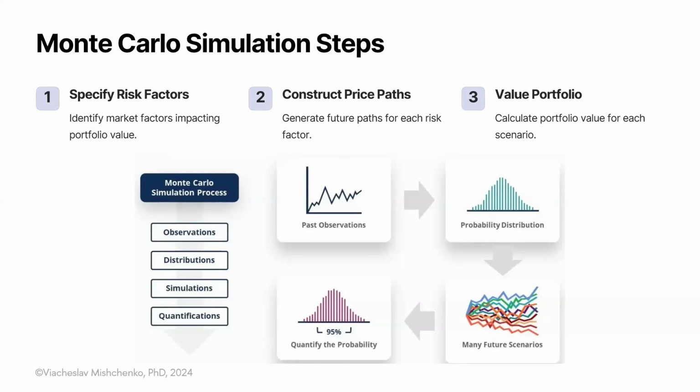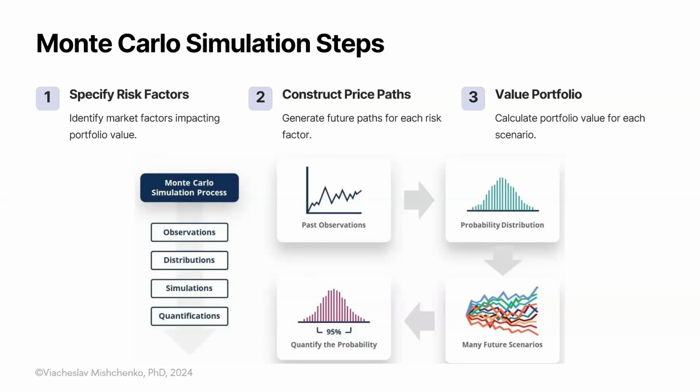On the other hand, for complex derivatives, we might need to use numerical methods or even nested Monte Carlo simulations. So once we have our distribution of portfolio values, calculating value at risk becomes really simple.